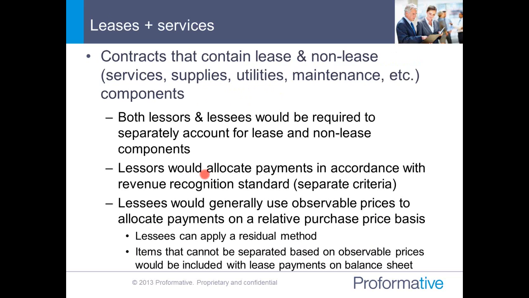Now, consider leases that contain both a lease component and a service component. This is common for real estate leases, where there are gross leases in which the lessee pays for things like utilities and other common charges.